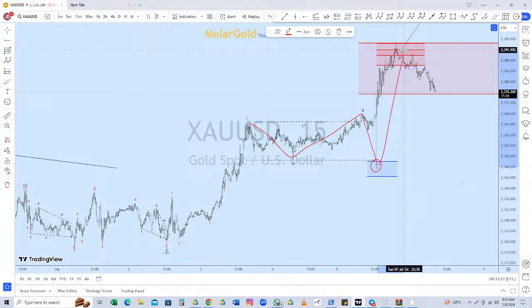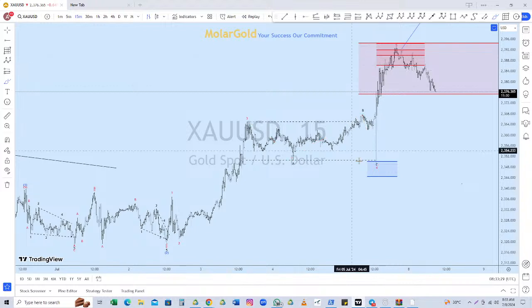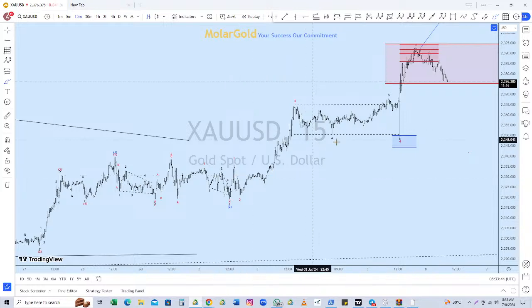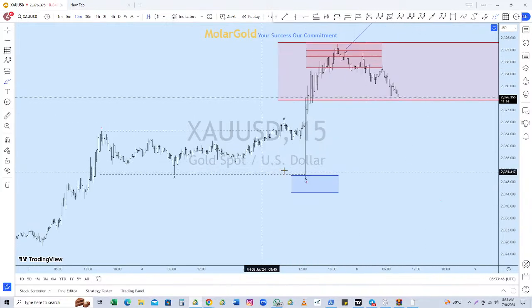Price went all the way from there to complete the cycle. At this point, we are inside this nice zone, but it looks like we're going to have a little correction.